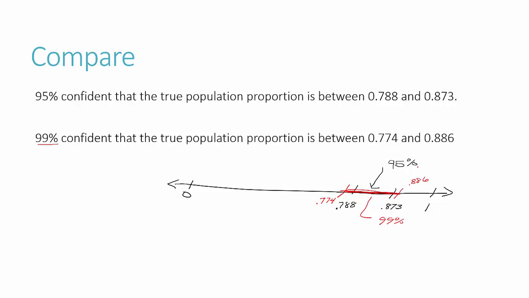We want to be very confident, but we want to have a very small range. So if we increase our confidence, we also have to increase our interval. Many people find that the balancing point is at 95% confidence, and that is why it is the most common confidence level used. If we went to 90% confidence, so our confidence went down, our interval would also shrink.